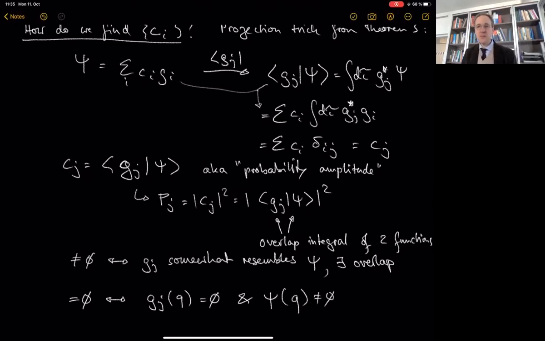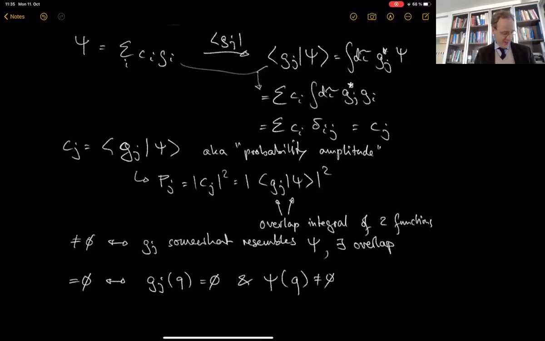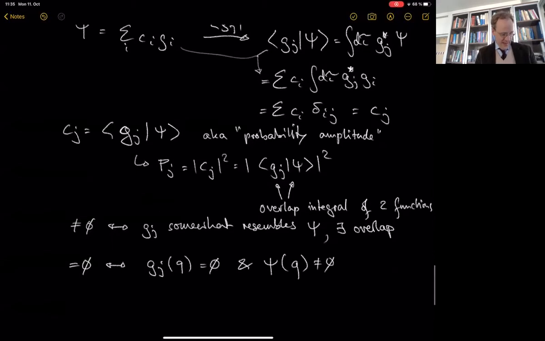So that's a region where your electrons are, but the state, the eigenfunction Gj, does not contribute here, so it's 0. And 0 times something, your integrand is 0 in the overlap integral.